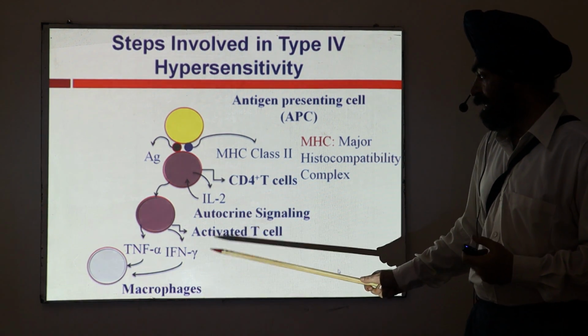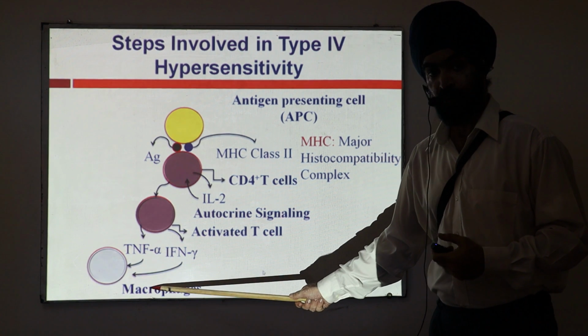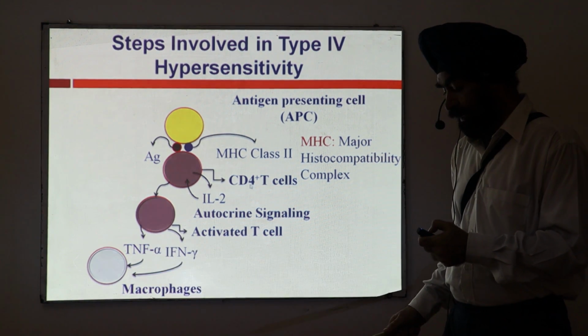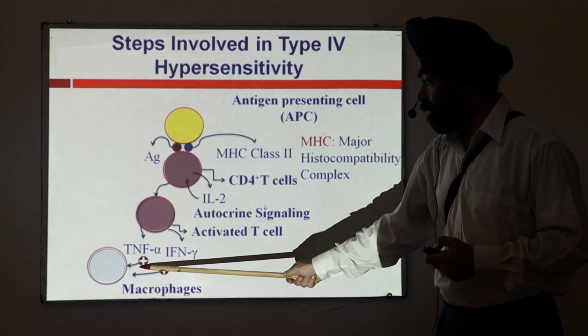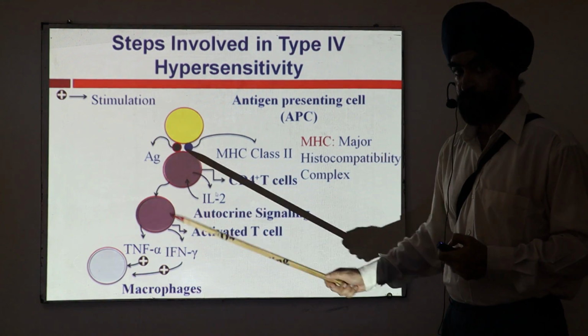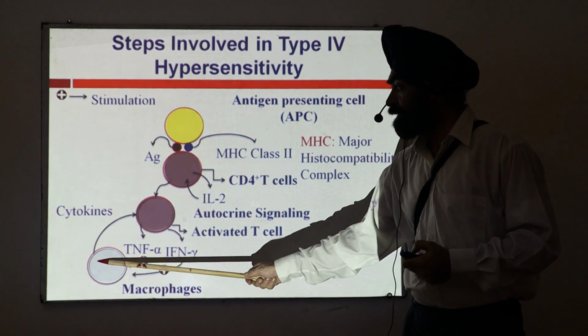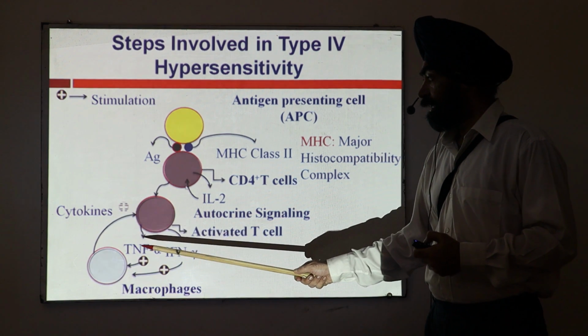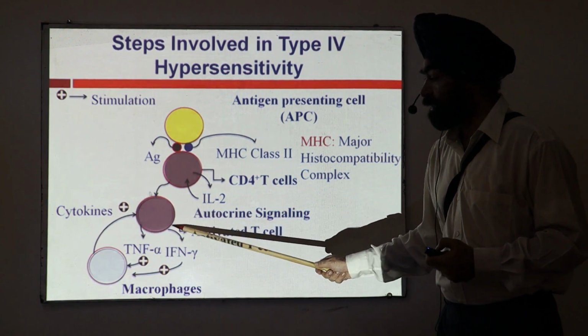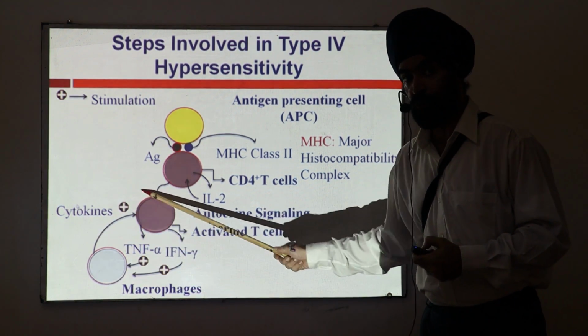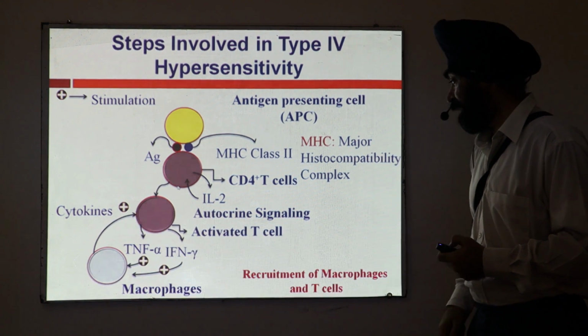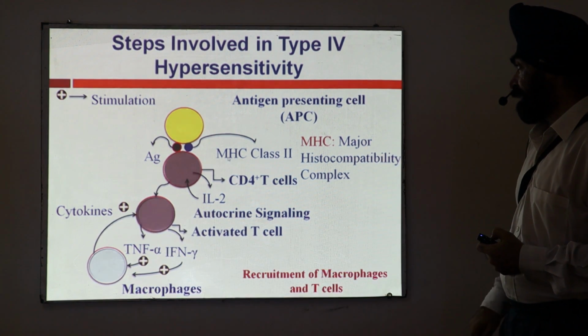T cells are recruiting macrophages through these, and this is the stimulation. Macrophages in turn release cytokines. They also produce the stimulation. So there is a positive interaction between these two. So slowly and slowly these are activated, with recruitment of macrophages and T cells.